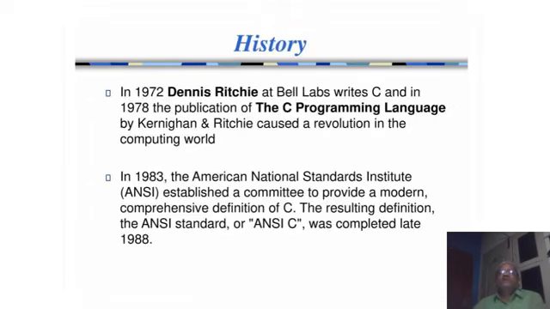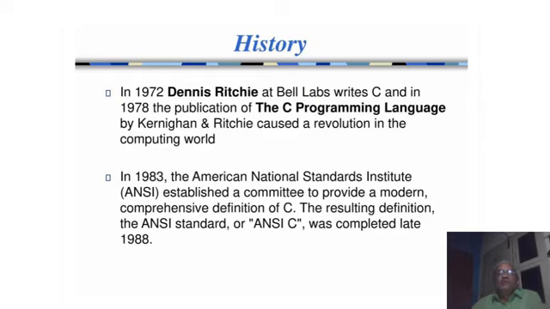Now let us see the history of C. Whatever we have to learn, we should know the basics and forefathers of the languages. C was developed by Dennis Ritchie in 1972 at Bell Labs. In 1978, the publication of The C Programming Language by Kernighan and Ritchie caused a revolution in the computing world.